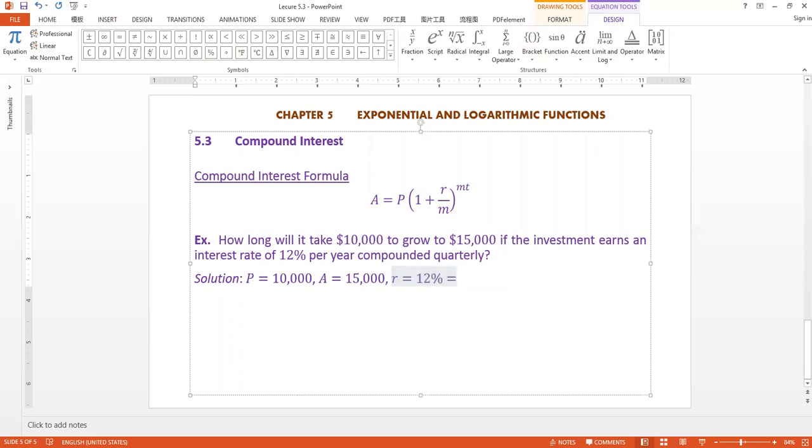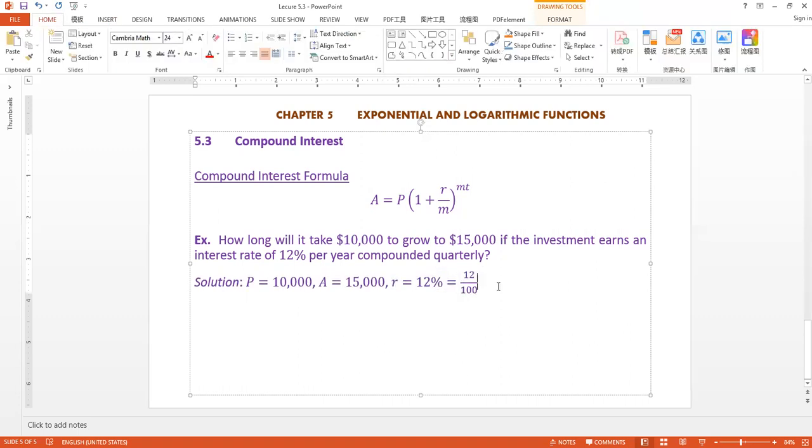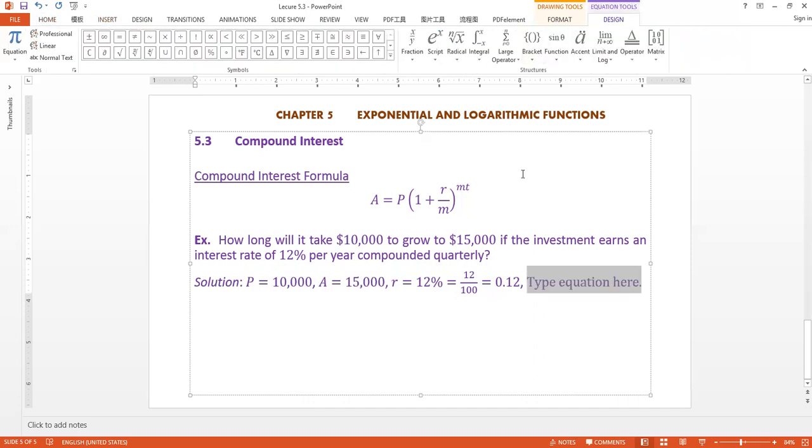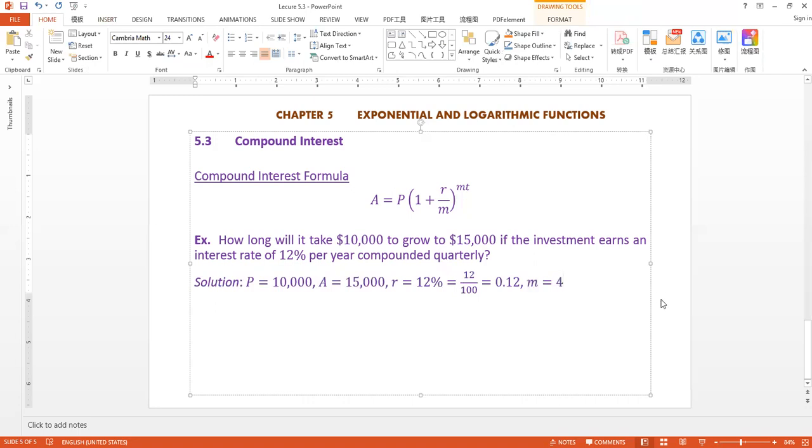And it's usually more convenient if you write this percentage in decimals. So 12% means 12 divided by 100. That's just 0.12, isn't it? And then M equals 4, as I said, that's the number of compoundings each year.